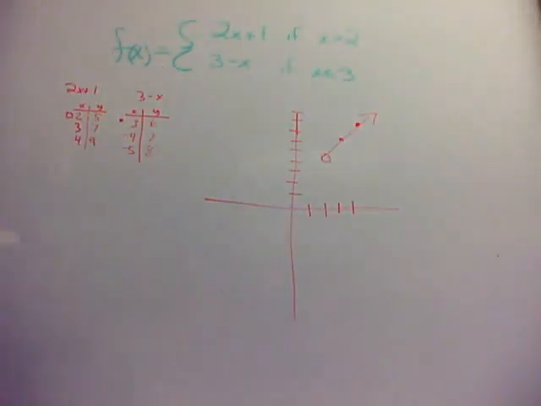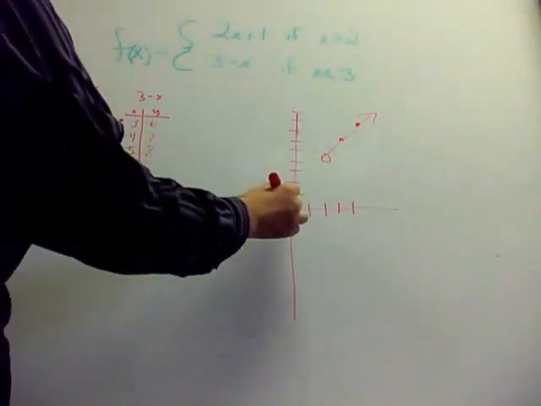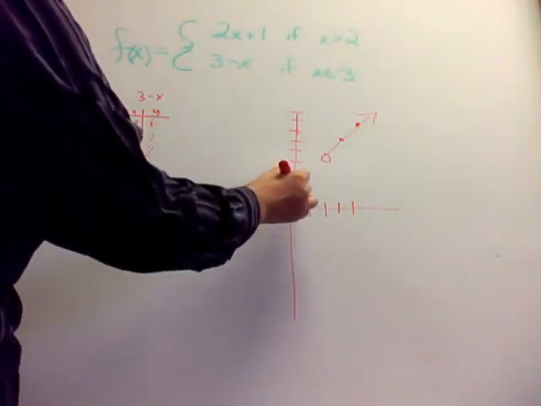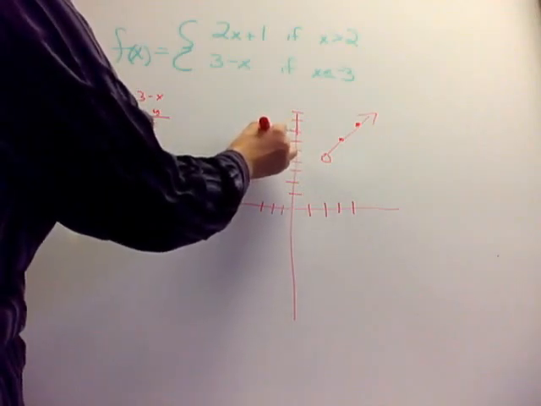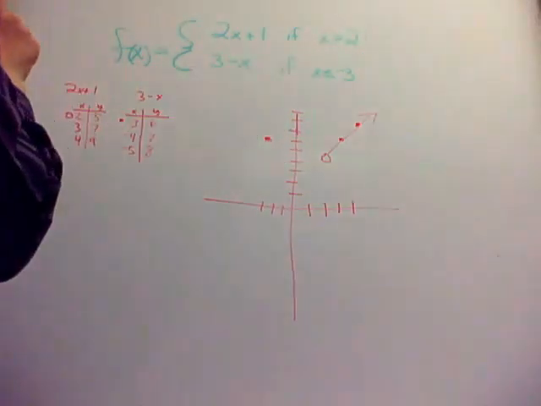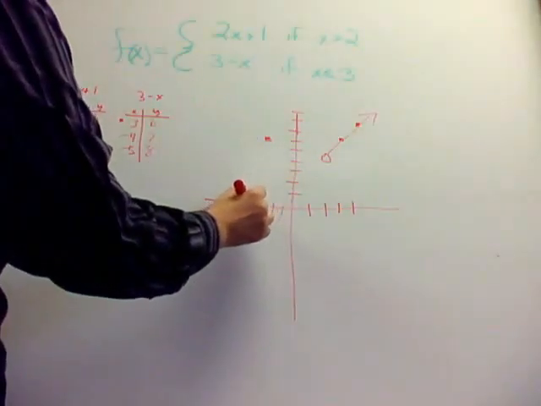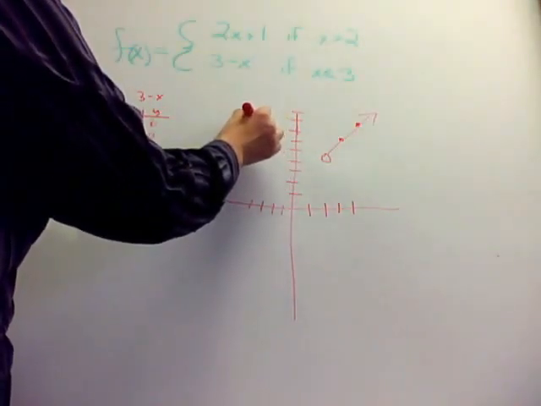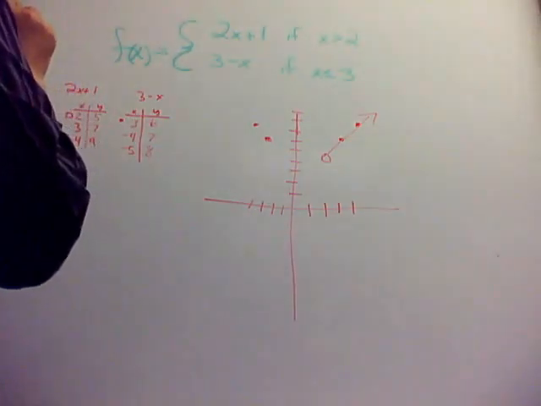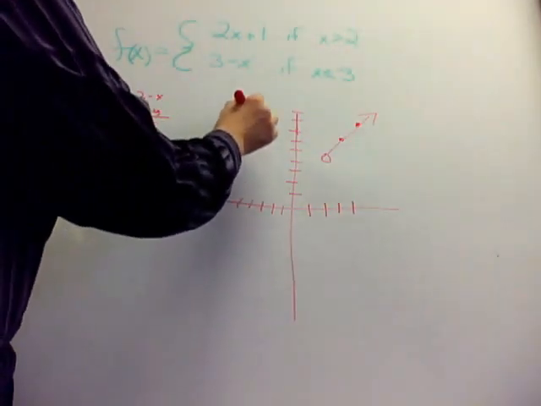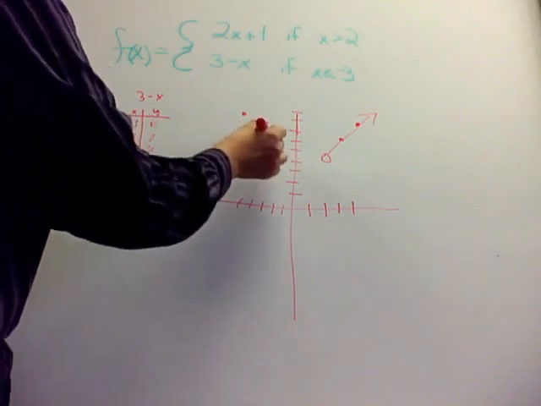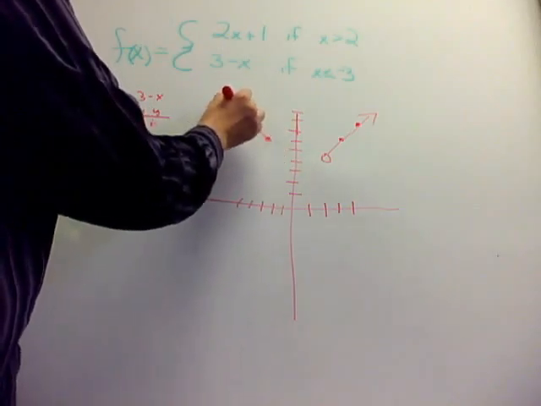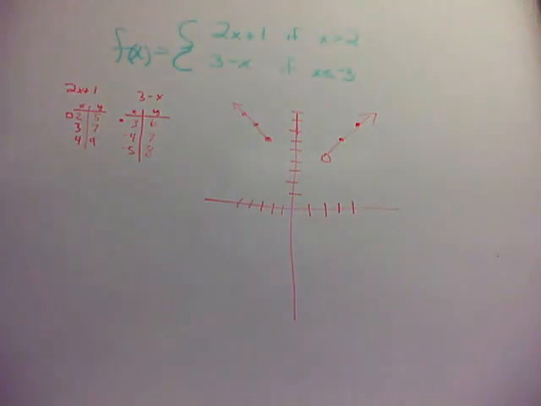Now this one: at negative 3, 6, it's a closed circle. Negative 4, 7, and negative 5, 8. This was our start point, and we head out that direction. So that's our graph: two arrows pointing in opposite directions.